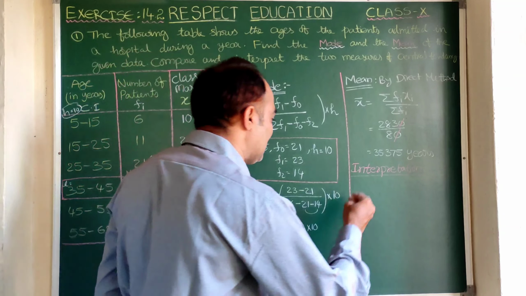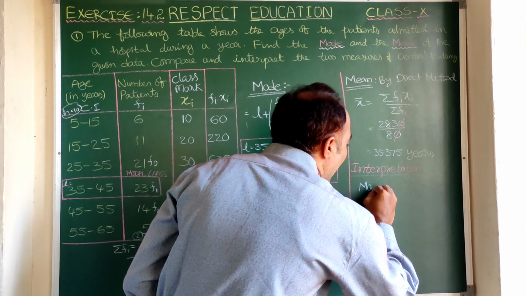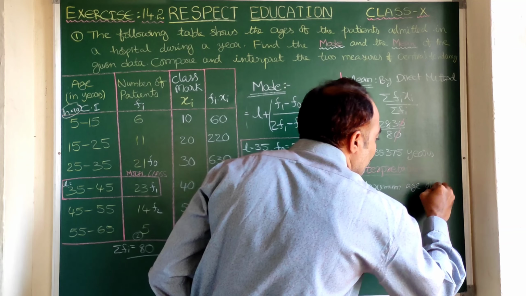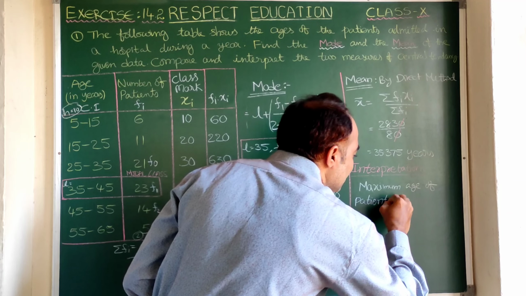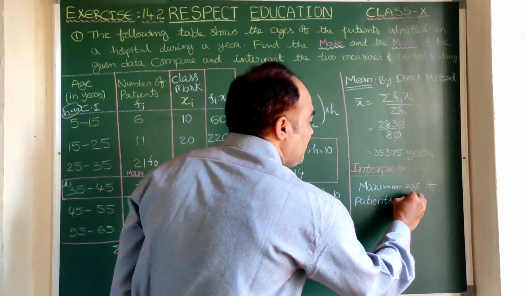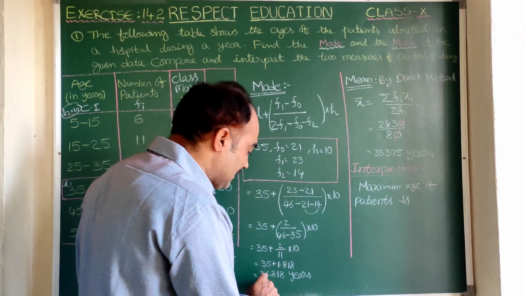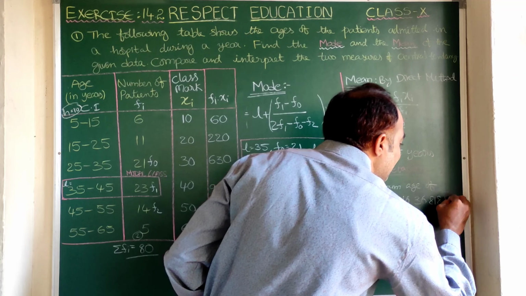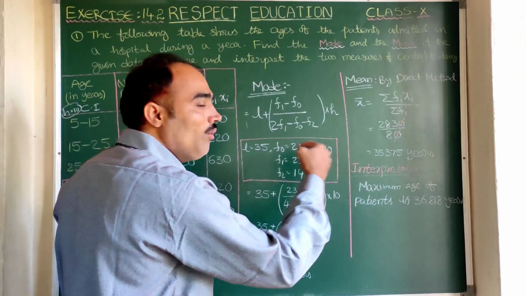So here let us write now: the maximum age of patients. What is the maximum age of patients? It is nothing but the mode, that is nothing but 36.818 years. This is the conclusion from the mode.